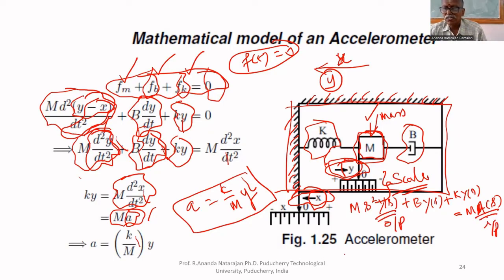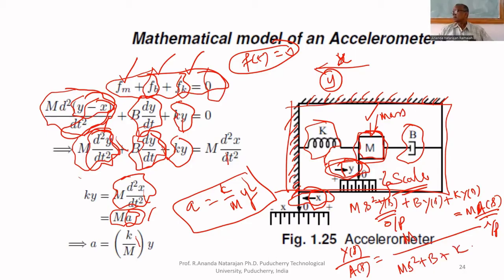Therefore, the transfer function is Y(s) upon A(s) equal to m upon s square plus bs plus k. That's all. This is a dynamic equation. Here, acceleration is not constant.